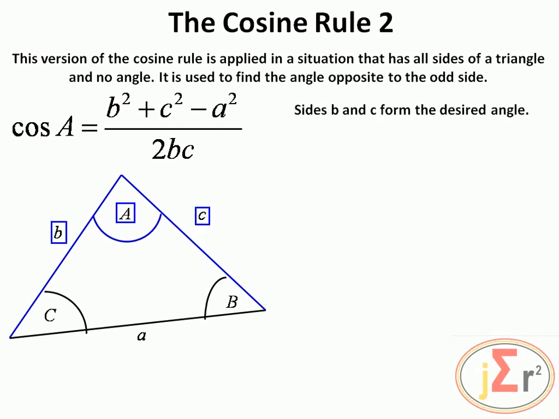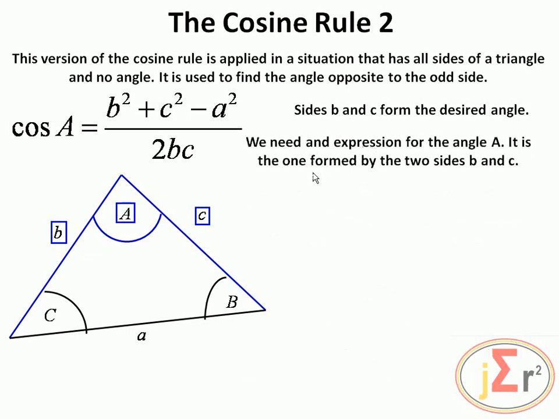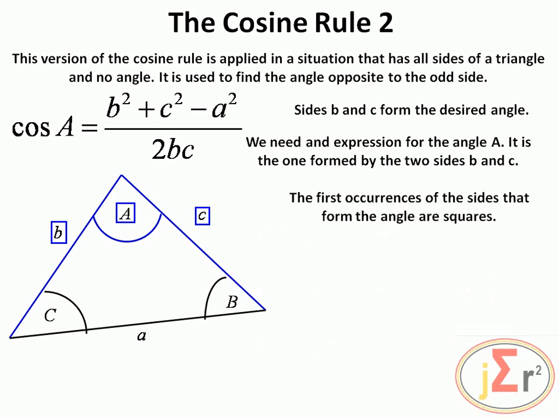So sides B and C that you see there form the desired angle. Those are the sides that form the desired angle. We need an expression for the angle A. It is the one formed by the two sides B and C. The first occurrence of the sides that form the angle are squares.